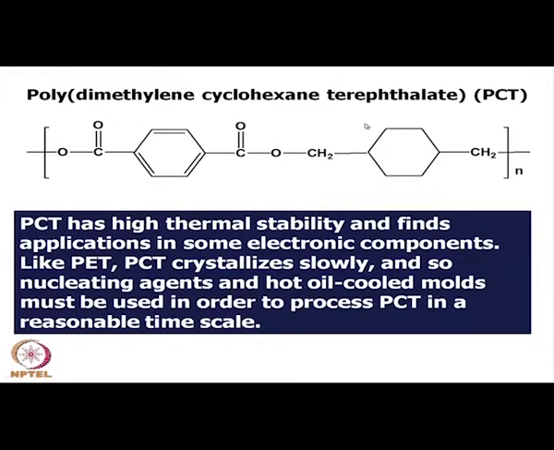This is the alcohol part, and this is the acid part. Here an aromatic link is there, and a cyclohexane link is there. So, this polydimethylene cyclohexane terephthalate, PCT, has high thermal stability and finds applications in some electronic components.